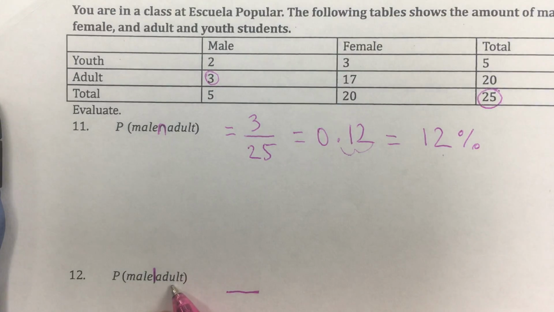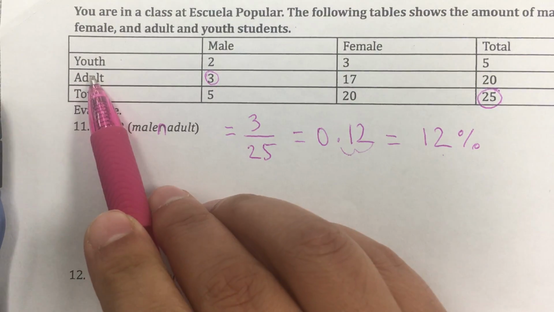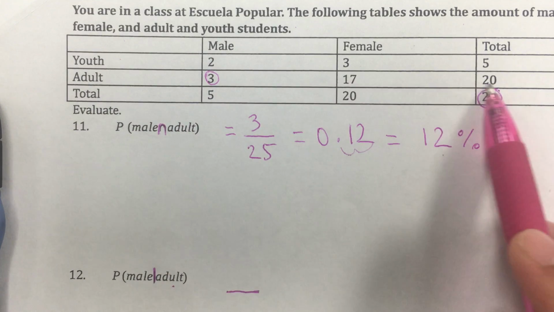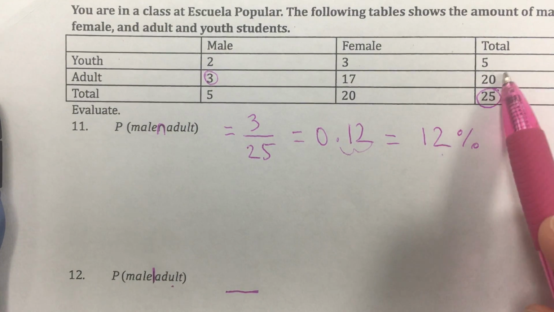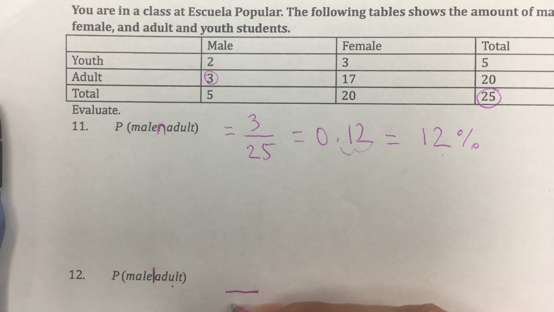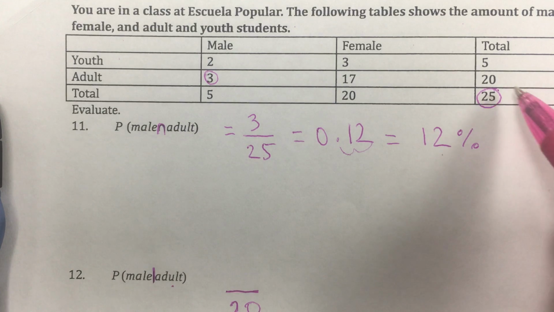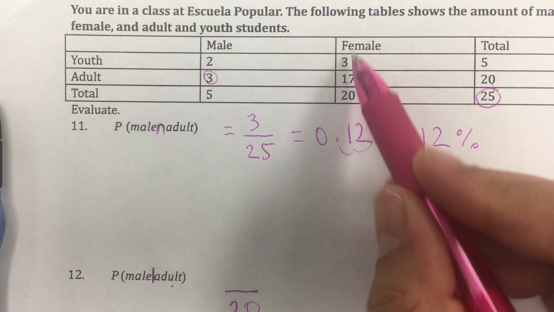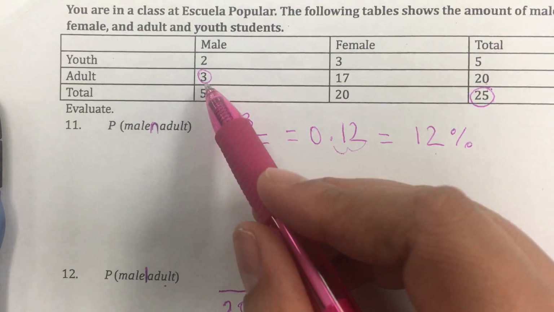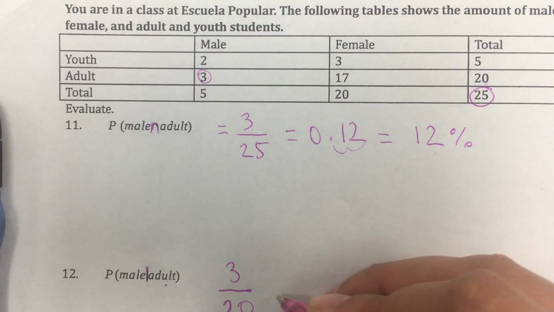Here the word is adult, so you go all the way to the right. That's the denominator, not the grand total, the small total. So it's going to be 20. Then male: out of those 20, go back to where the word says male. In this case, it is 3.